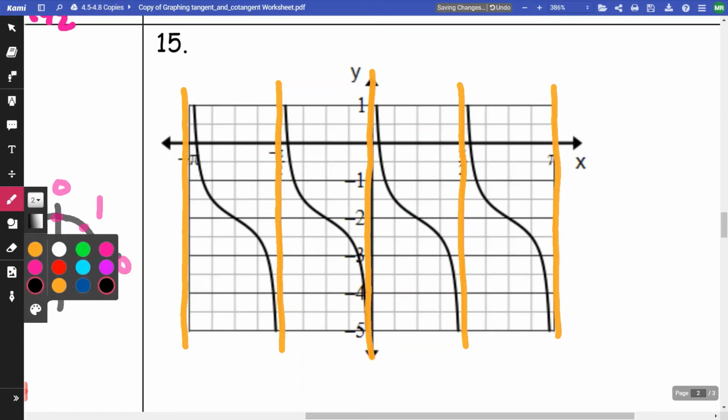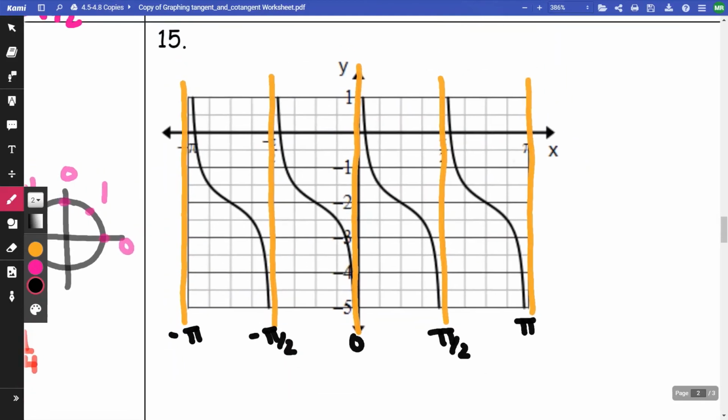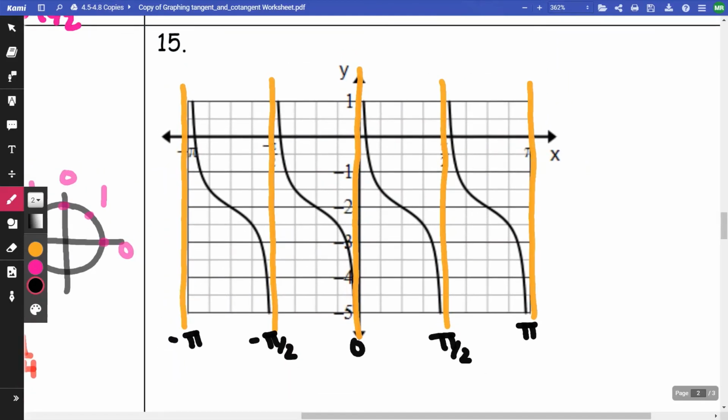So basically our period is pi halves. If our period is pi halves, again, normally our period is pi, but if it's not, it's pi divided by b. And so if our period is pi halves, that means our b is 2.